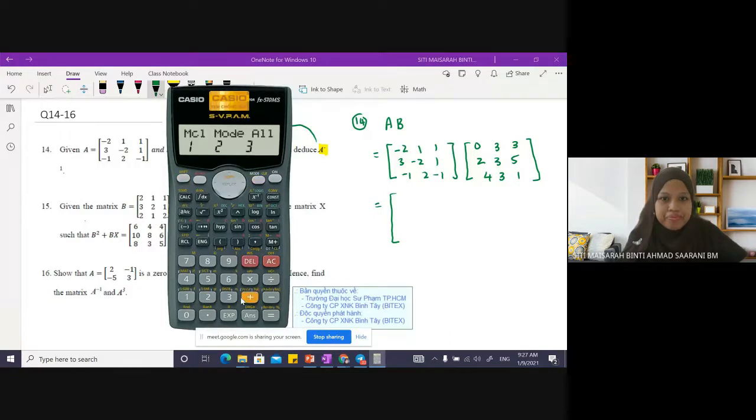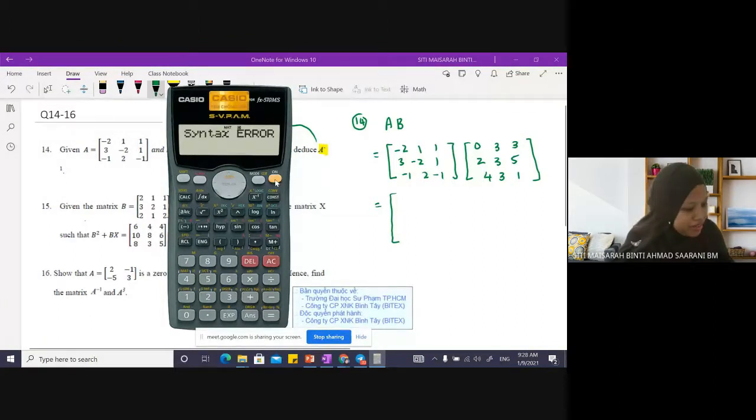Tak tahu kenapa kalkulator ni jadi syntax error.